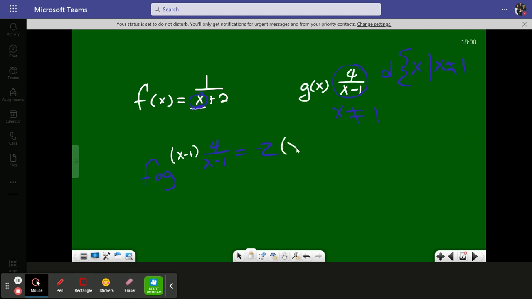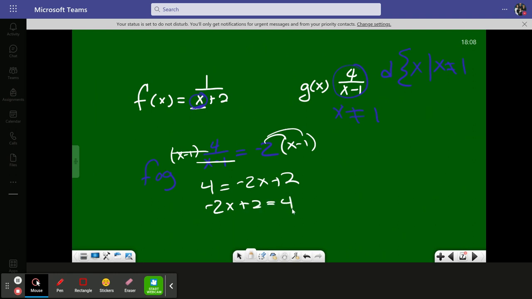Multiply both sides by that denominator. Whatever's in the denominator, we're going to multiply, because it cancels off of here. Now I no longer have a rational. 4 distribute -2x plus 2. Now it's just a two-step. -2x plus 2 equals 4.